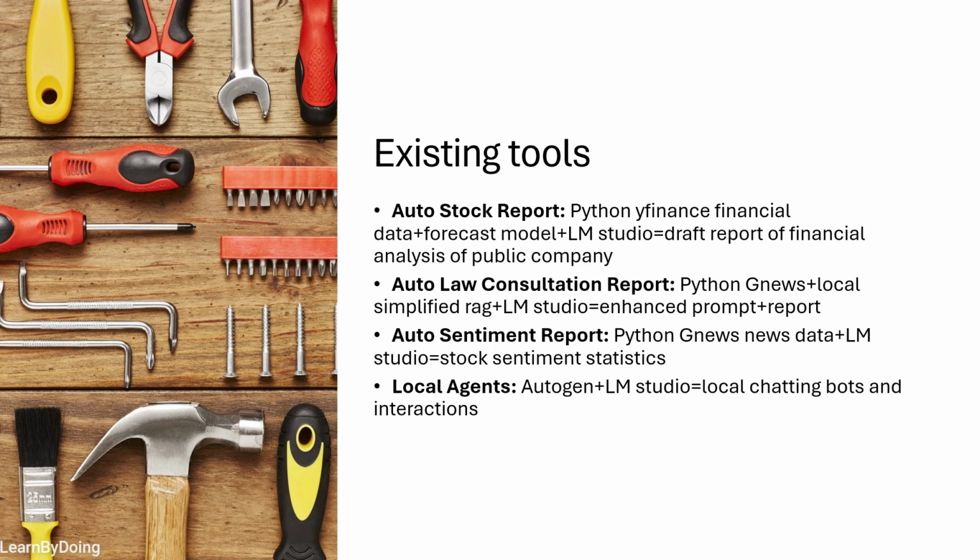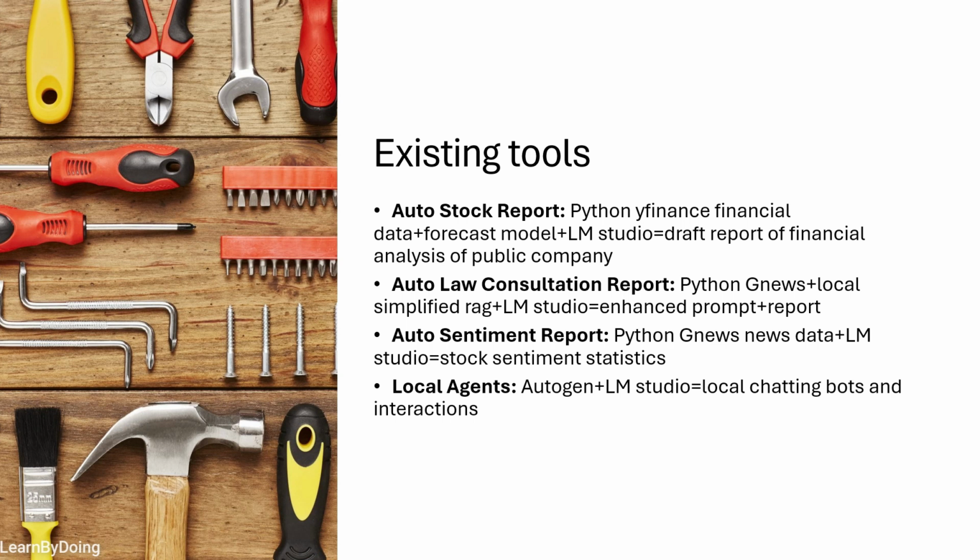Then we have the automatic law consultation reports, which use Python Genius plus a local simplified RAG workflow and LLM Studio. Eventually, we have the output as enhanced prompts and reports, either in HTML format or other formats.